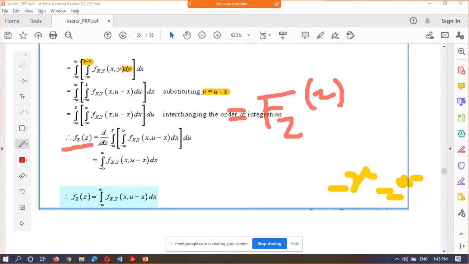So you are differentiating it, and after differentiation you will get this, because this is with respect to z. This we should remember.